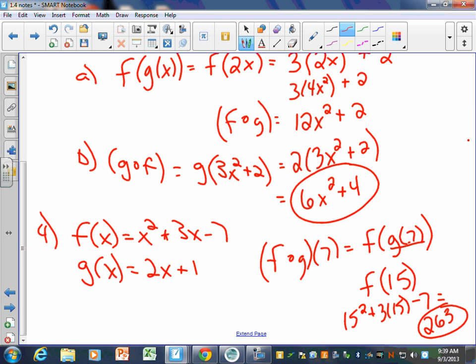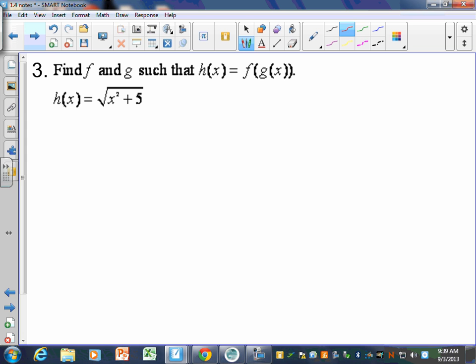Something else that we do in this book that probably you didn't do in Algebra 2 is we like to make you work backwards, and we call it decomposing functions, because this is composition, composing them. So now, what if they give you the composition and they ask you to break it up?